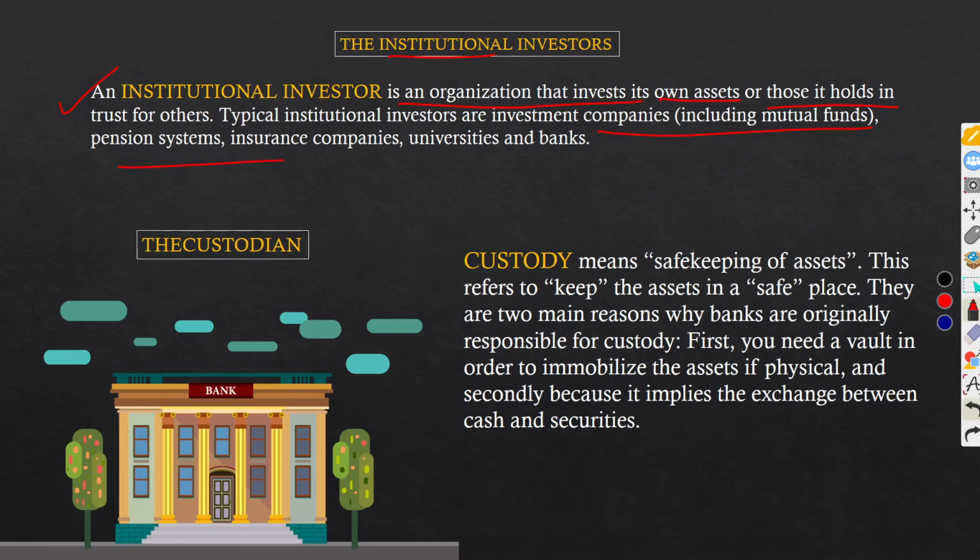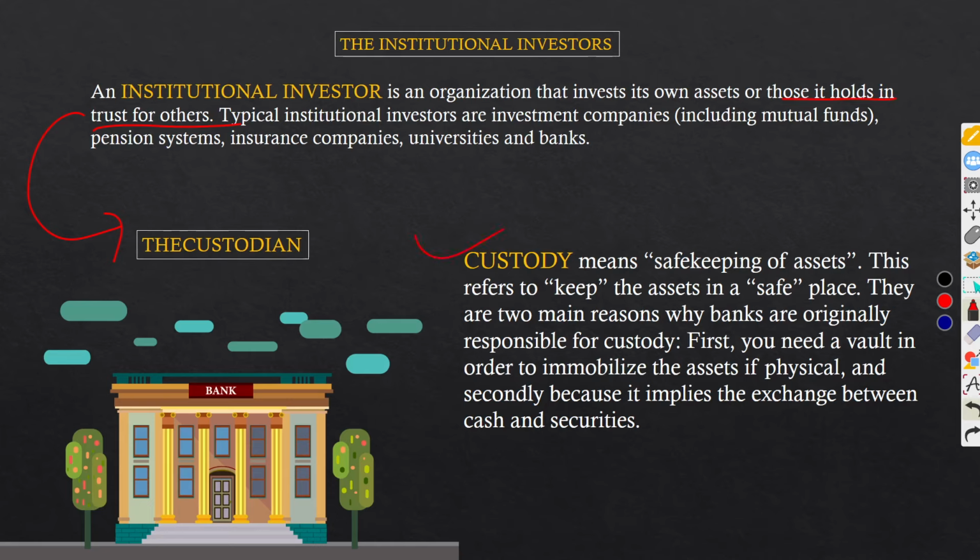They have different rules, so they buy and sell the securities through a custodian, and that's where the custodian role comes into the picture. Here, if you observe, it holds in trust for others. It means institutional investors hold the securities in trust for others. When we talk about trust, we're talking about custodian, because the custodian provides safety and security to the investment.